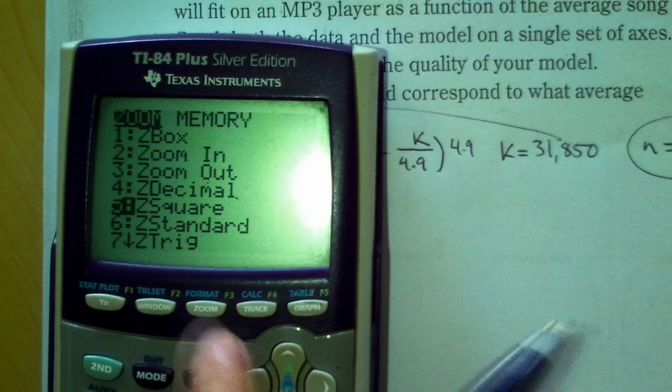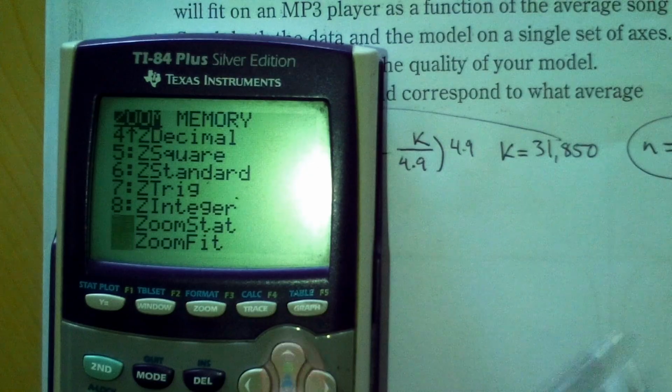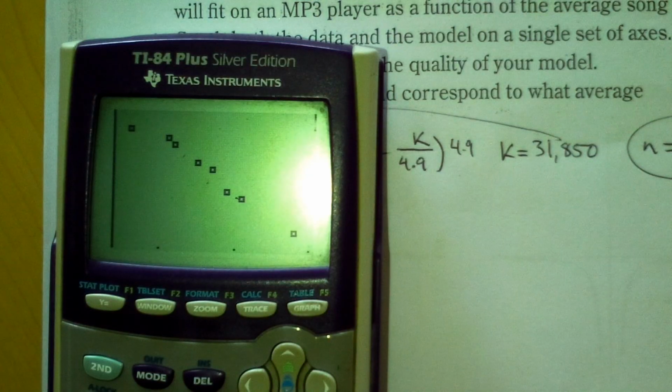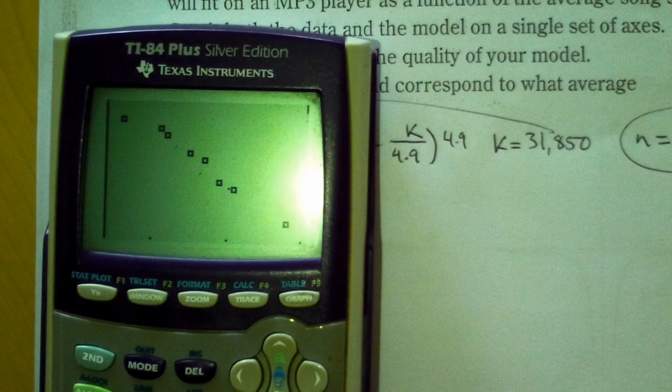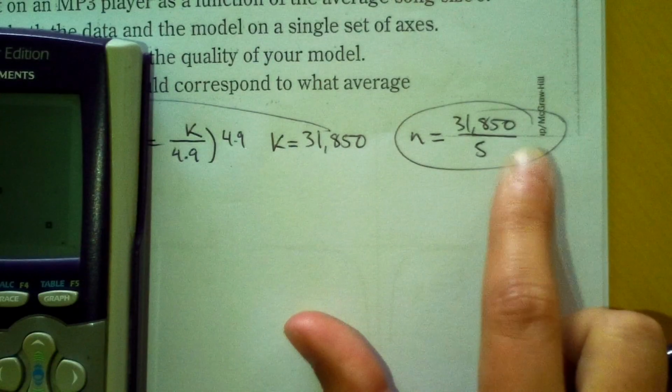So like I said, I'm just going to do a sketch of this. I'm not going to do a whole graph on this because it's going to take forever. So I just sketch out something like that. Across the bottom here is our song size. Up the side is the number of songs.